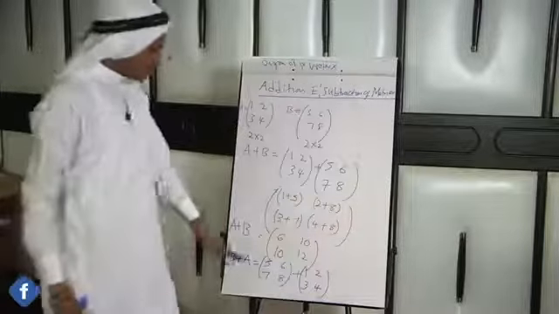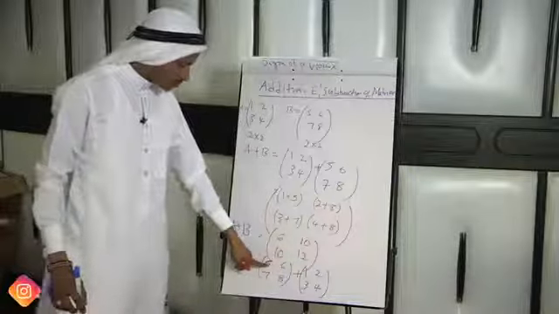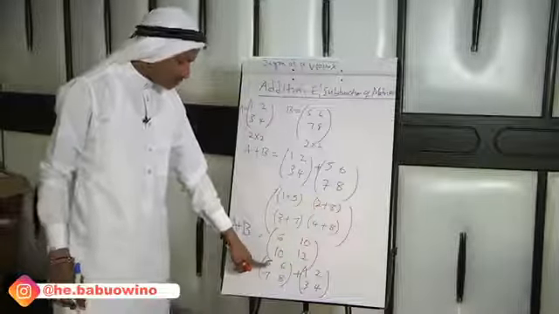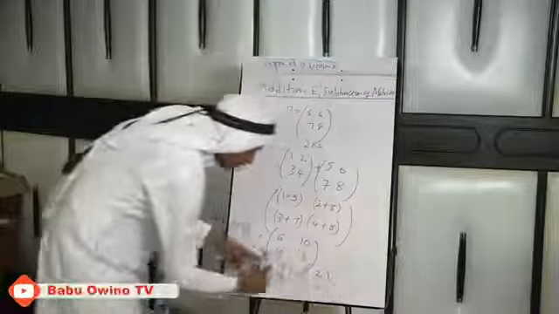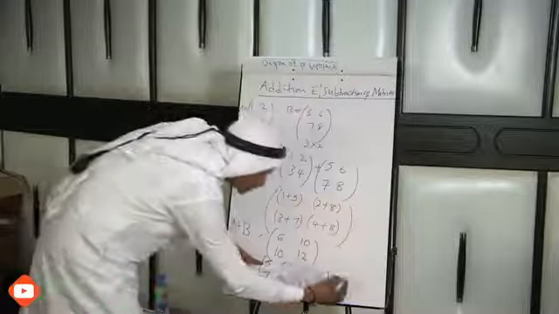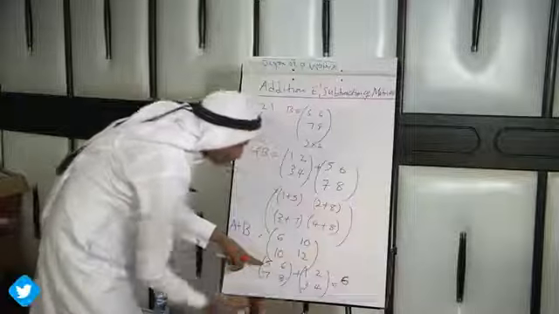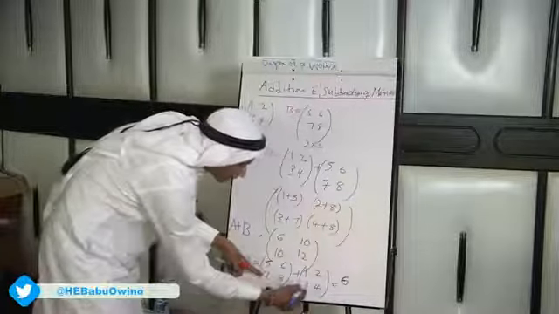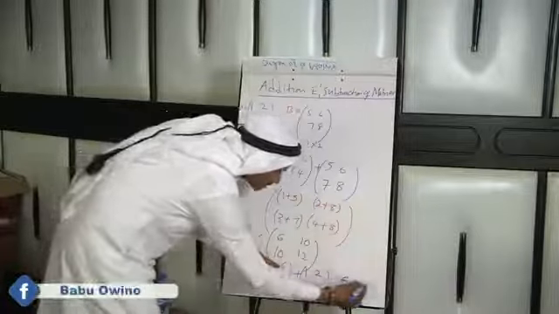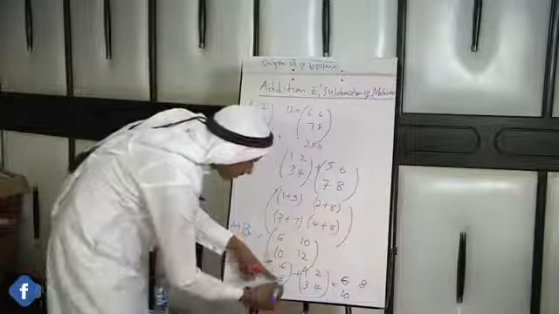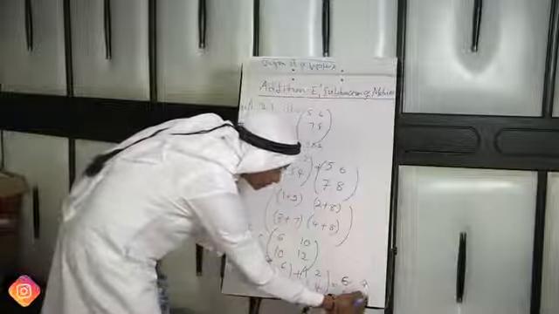I told you when you are adding, the first element on matrix B, you add it to the first element on matrix A. So here 5 plus 1, you get 6. Then 7 plus 3, you get 10. Then 6 plus 2, you get 8. And finally 8 plus 4, you get 12.